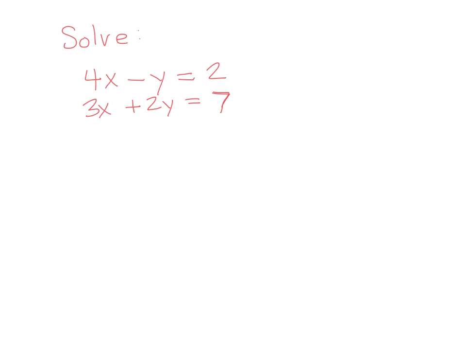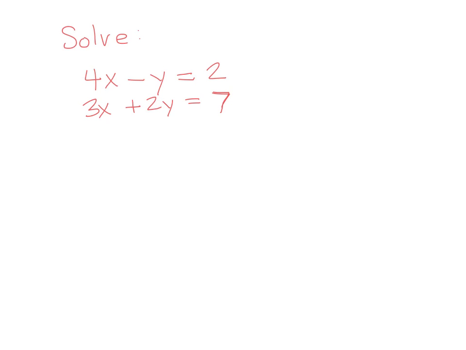Let's look at one more. This last one's going to require multiplication. If you look at your terms, notice the 4 and the 3 are not opposites of each other. Notice the negative y and the 2y have opposite signs, but not opposite numbers. So you need to fix that.